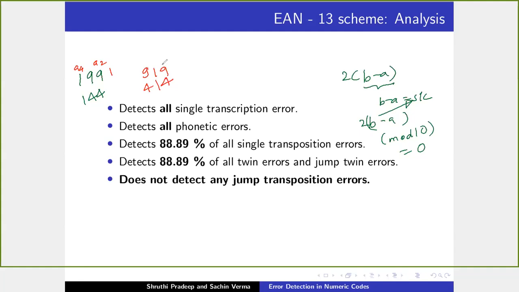So it will be 9 into 2 and 9 into 2, so 18 plus 18 plus 1. Why are you multiplying by 2?